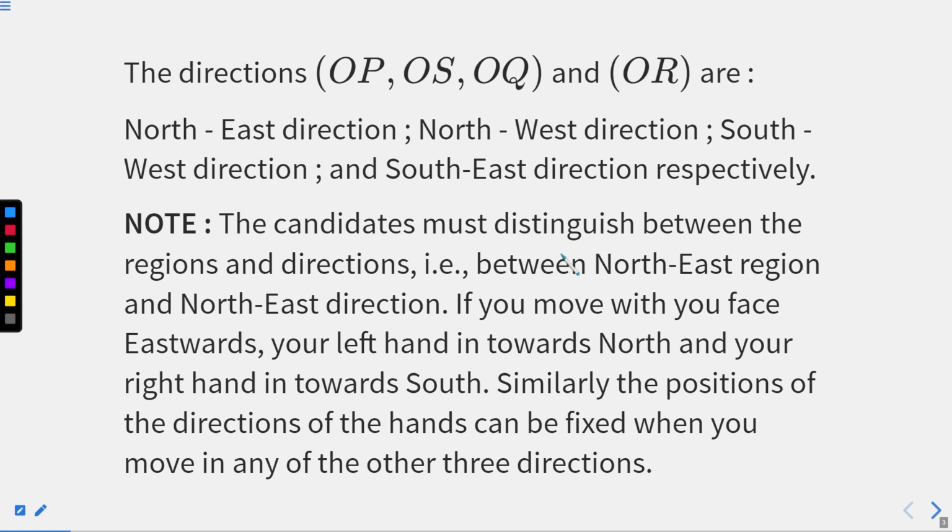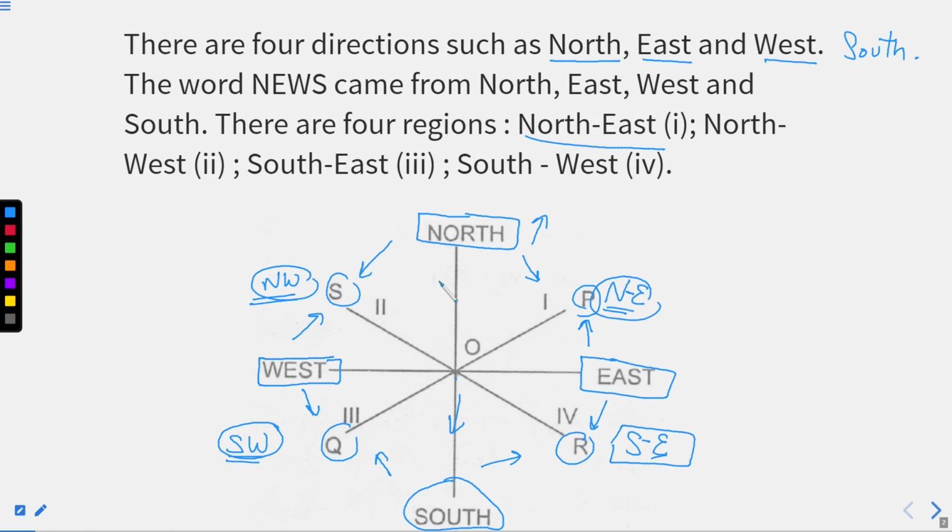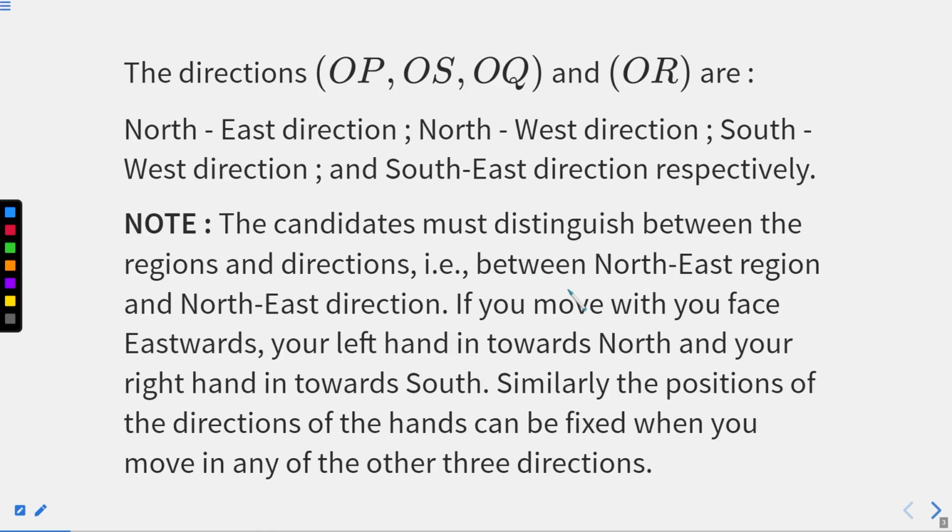What kind of problems do students or candidates normally face? The candidates must first distinguish between the region and the direction, because at some point I am using the word direction, and at some point I am using the word region. So what is the difference between the northeast region and the northeast direction? When I say northeast direction and when I say northeast region, what is the difference?